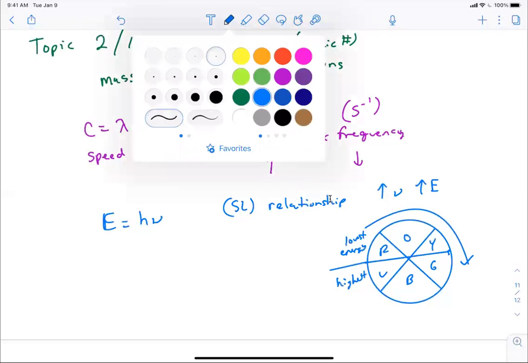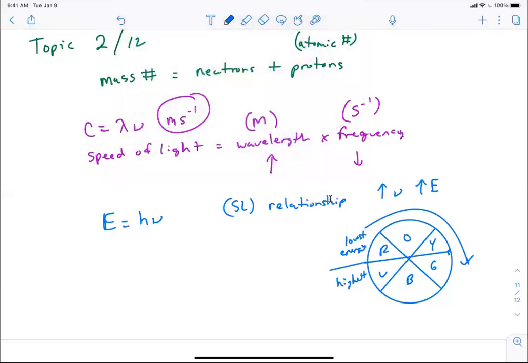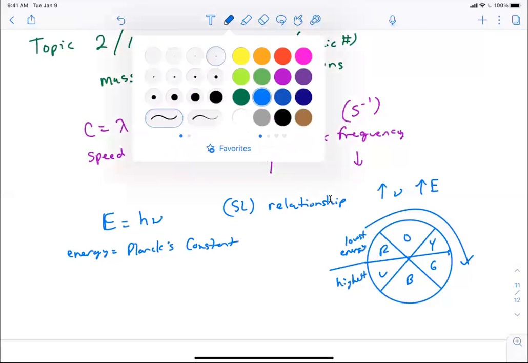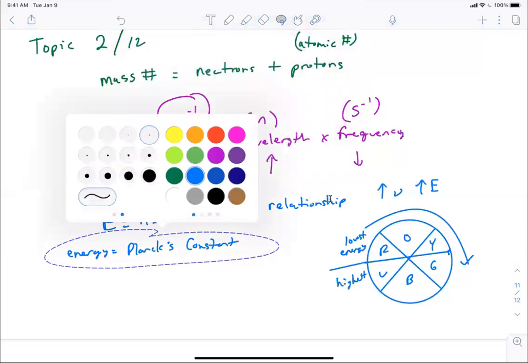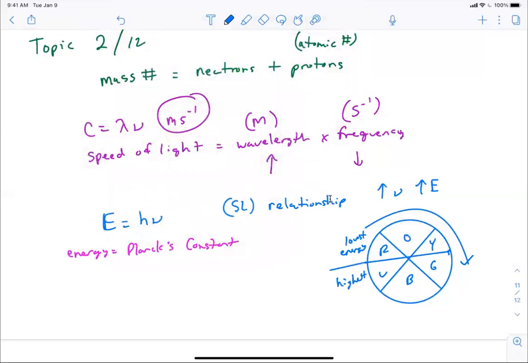Now, for HL, you actually have to be able to use this equation where energy is equal to Planck's constant times frequency. Okay.